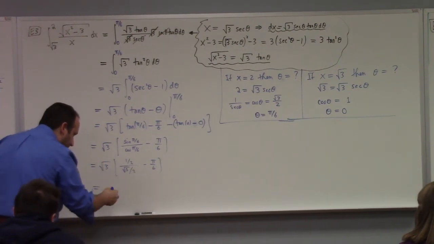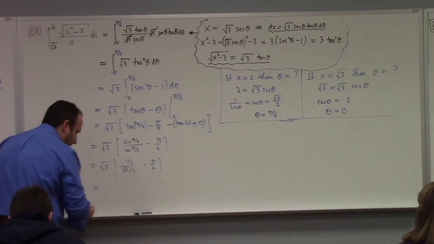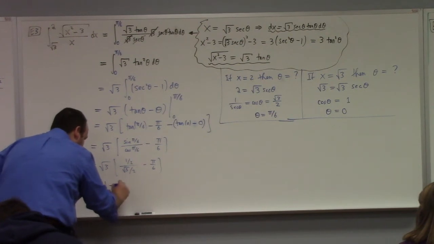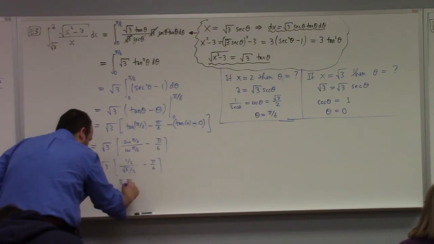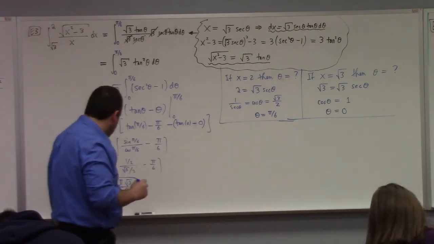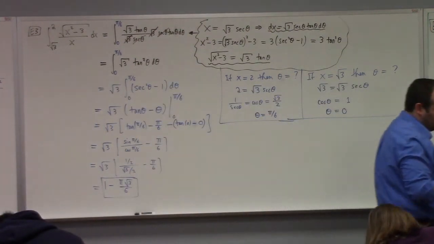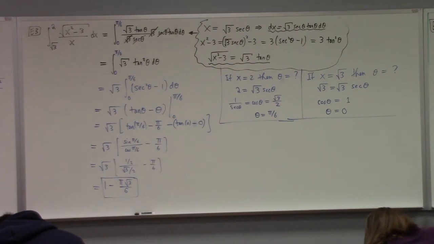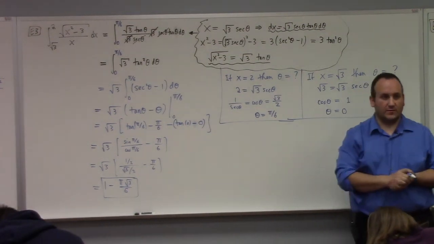The halves cancel, so this becomes 1 minus pi root 3 over 6, if I haven't miscalculated. Any questions?